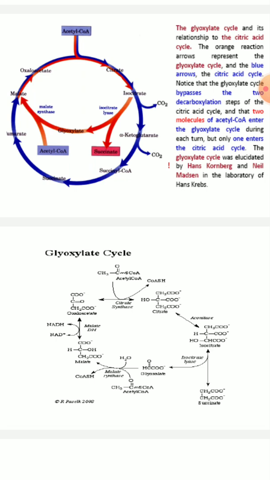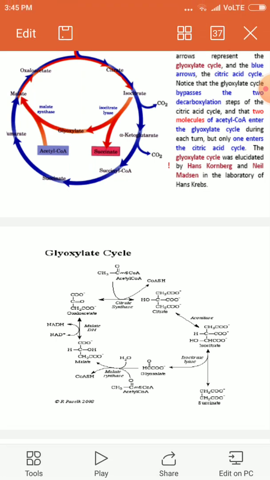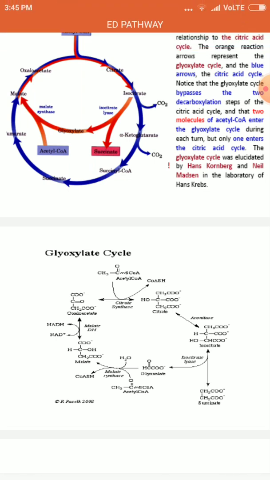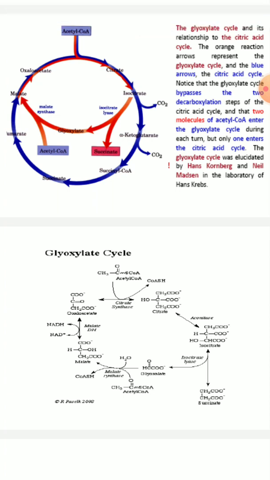This is further cleaved by isocitrate lyase to form succinate and glyoxylate. The succinate then enters the TCA cycle: succinate to fumarate, fumarate to malate, malate to oxaloacetate again.